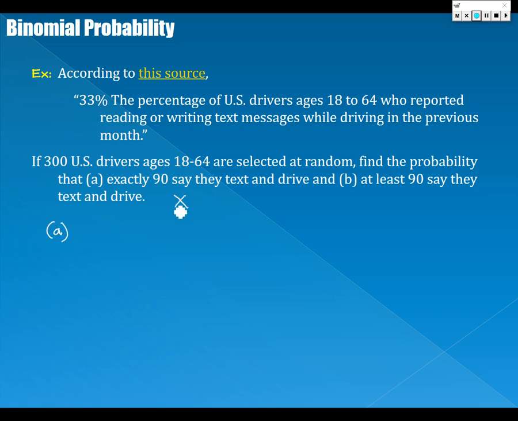So we've got a binomial random variable. We're selecting 300. We're going to be testing 300 people, and 33% is the probability that a given person has texted while driving. So we want to calculate here the probability of our random variable taking on the value exactly 90.